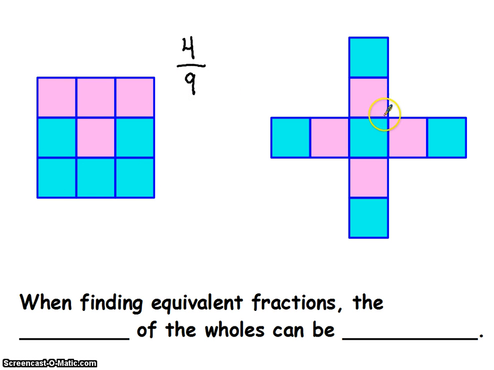Let's look at this one. 1, 2, 3, 4 are pink. And there are 9 all together. So yes, these do show equivalent fractions, even though they're not the same shape. So when finding equivalent fractions, the shape of the wholes can be different.